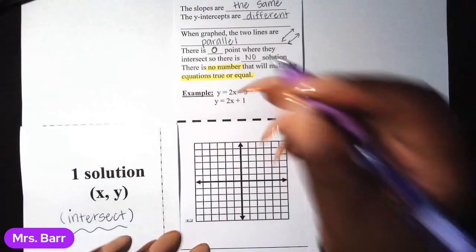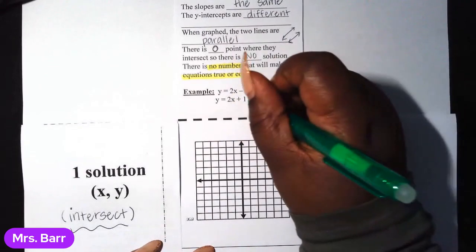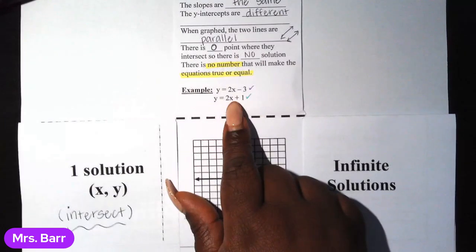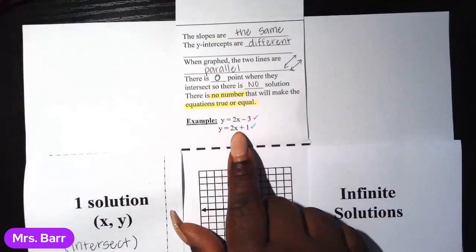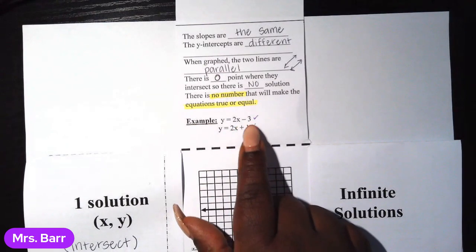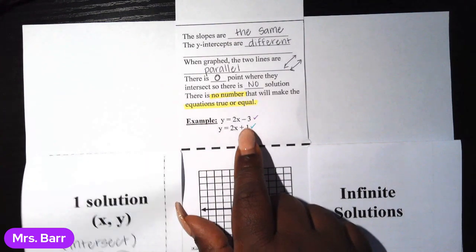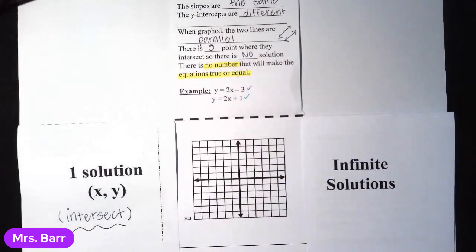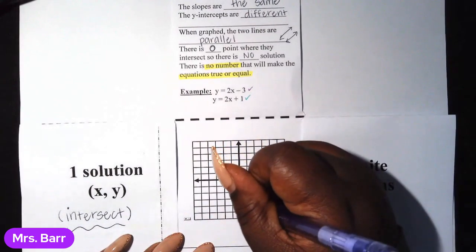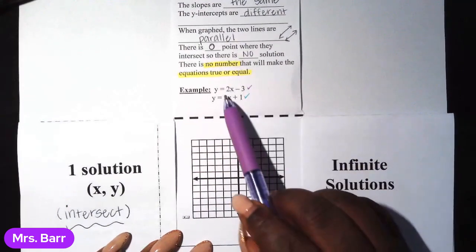All right, so let's go ahead and look at the first one. I'm going to use the same colors that I did last time, purple and green. So the first one, we know that the slopes are going to be the same, which is what it said. Both slopes in both of these equations are 2. But the y-intercepts are different. We have -3 and we have +1. So let's first graph our first one, 2x minus 3. I'm going to start at my y-intercept -3. And I'm going to go in the direction that the slope told me.